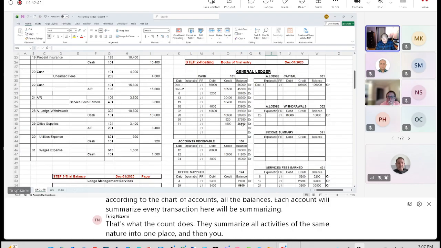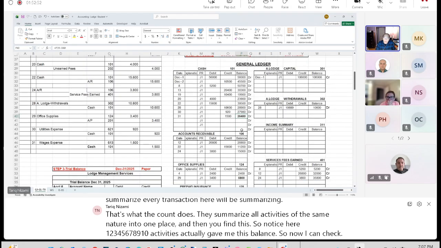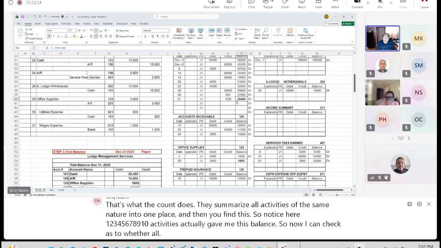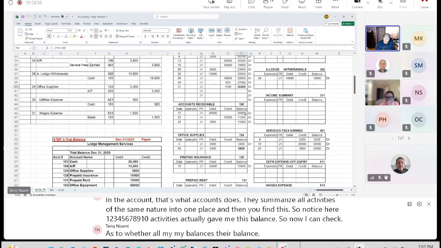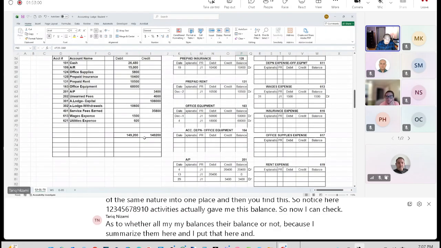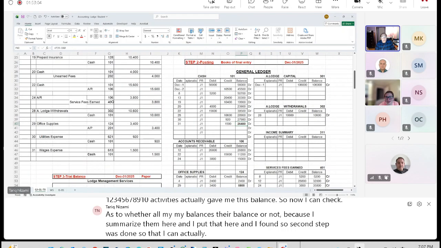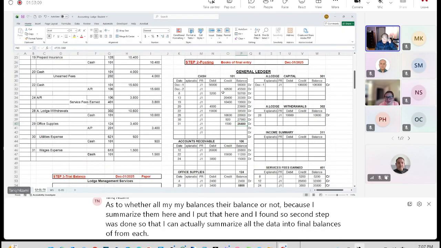So notice here, 1, 2, 3, 4, 5, 6, 7, 8, 9, 10 activities actually gave me this balance. So now I can check whether all my balances balance or not, because I summarized them here and put that here. So the second step was done so that I can summarize all the data into final balances from each activity of the same account.